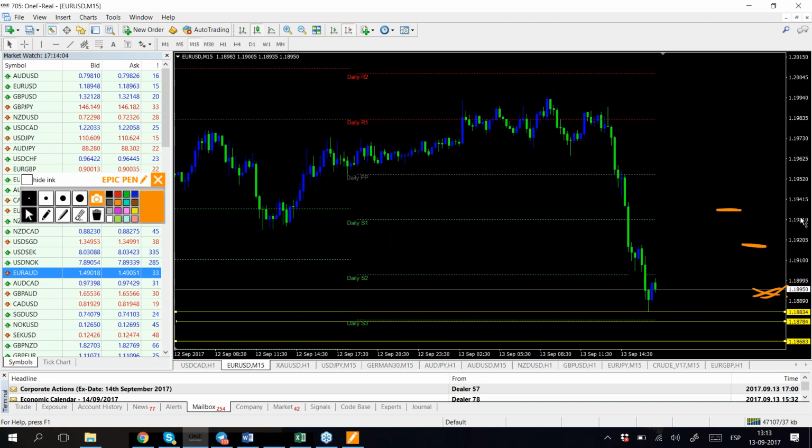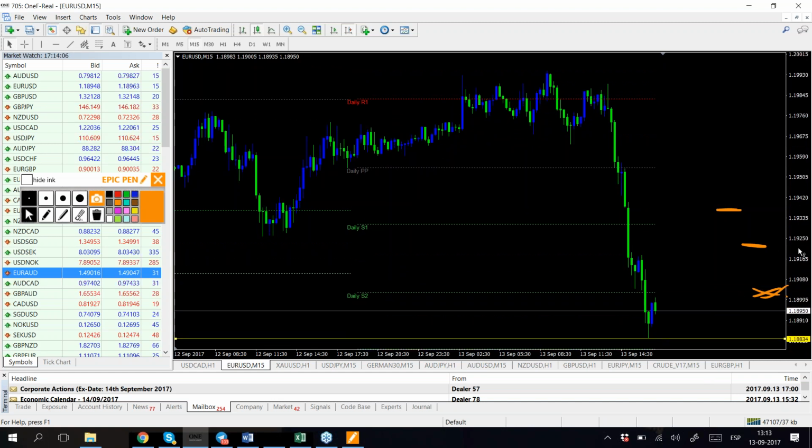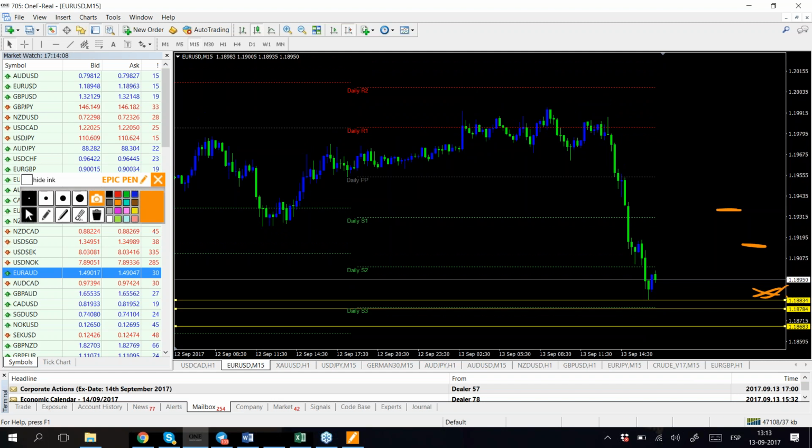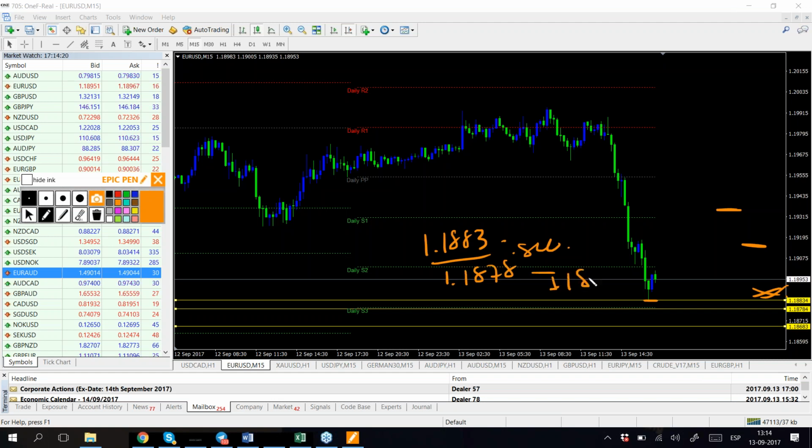So what I recommend in euro dollar, since we have a new low, the 1883, it will be basically to sell from it. 1983, that is a sell down to 1878, 1869.68. So like I said, it's into buy pressure area, so you better sell on these levels down to here.